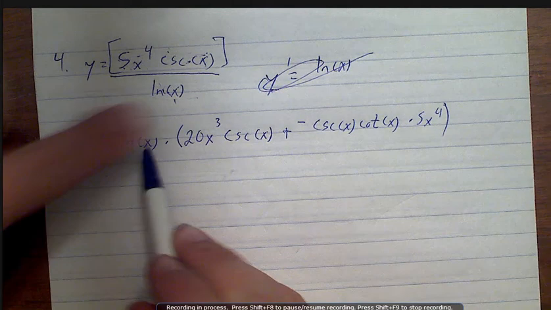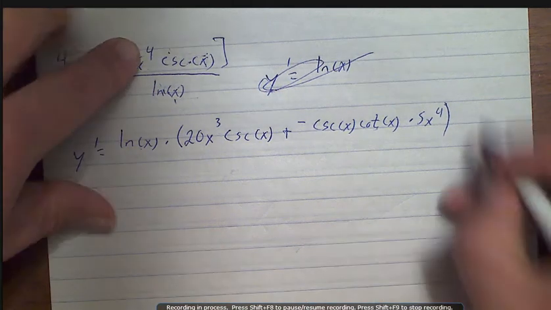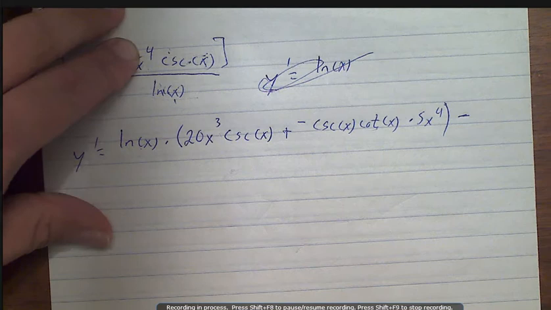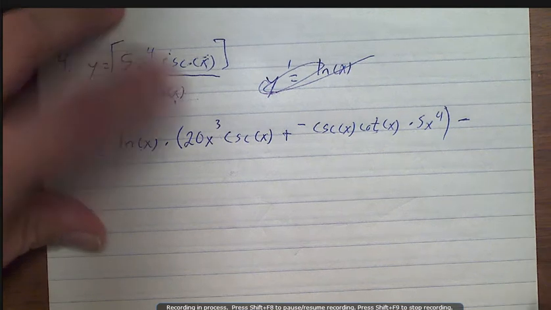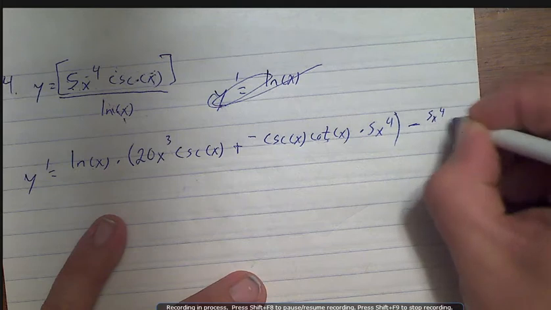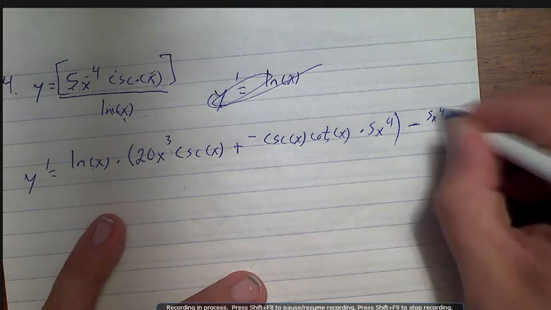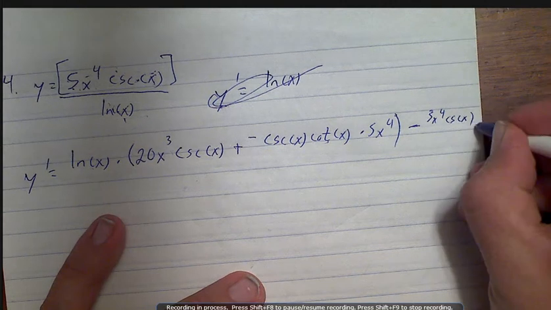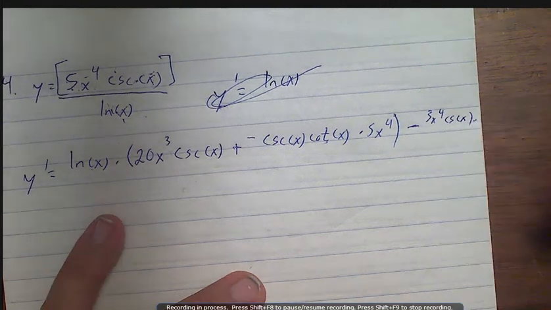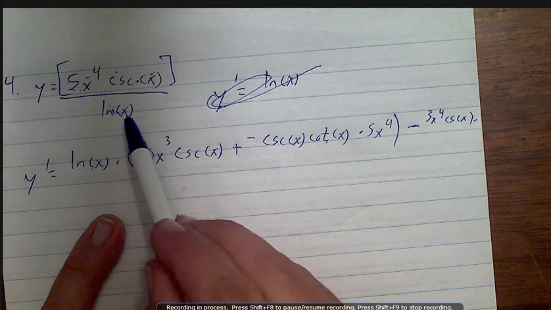minus high, derivative of the bottom, low. So 5x to the 4th cosecant of x, and we're going to multiply that by the derivative of natural log. And derivative of natural log is 1 over x. So I multiply this by 1 over x.